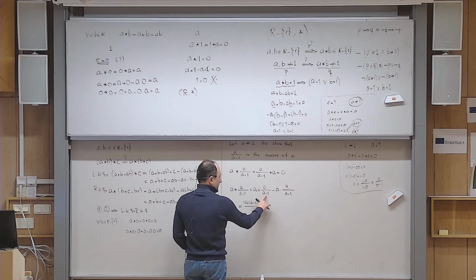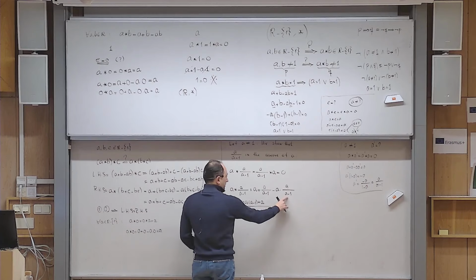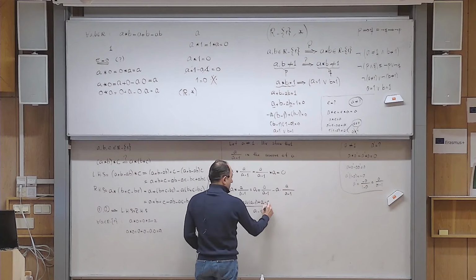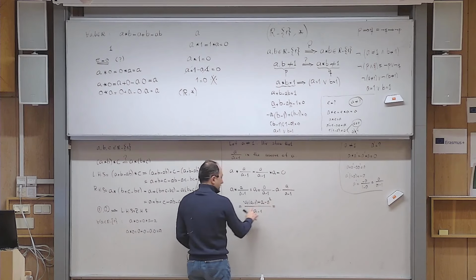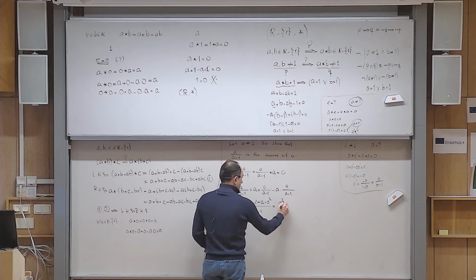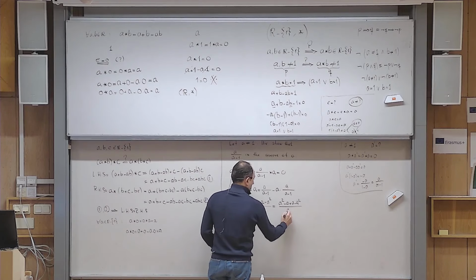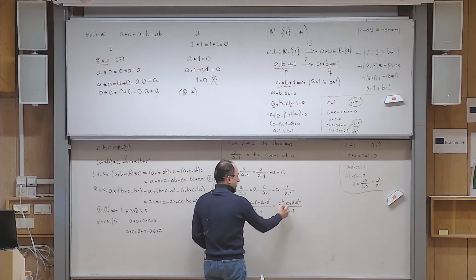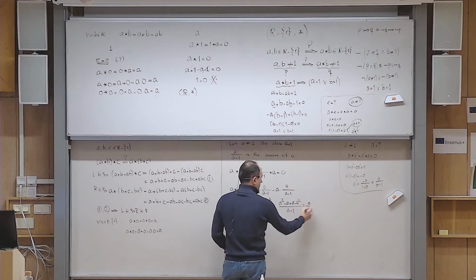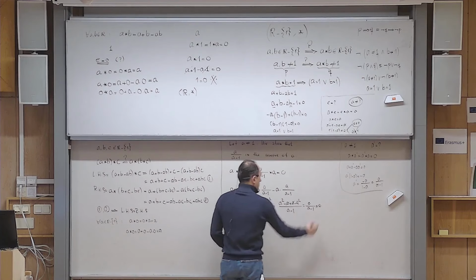A minus 1 compared to this, nothing has changed, so I copy and paste this A part. Nothing has changed, minus A times A is minus A squared. Then I simplify the numerator, so it becomes A squared minus A plus A minus A squared over A minus 1. And this A and that A are gone. A squared minus A squared is 0 over A minus 1, which is 0.